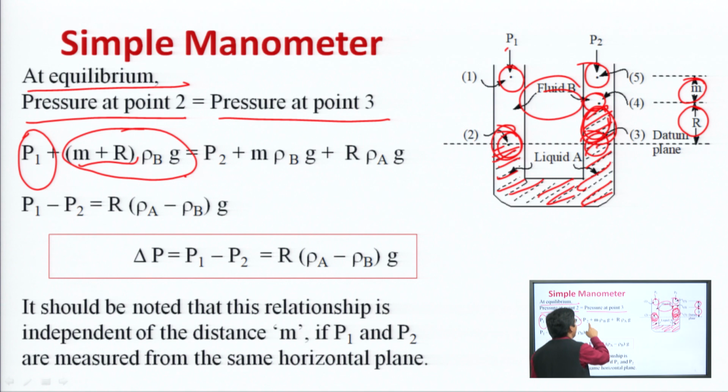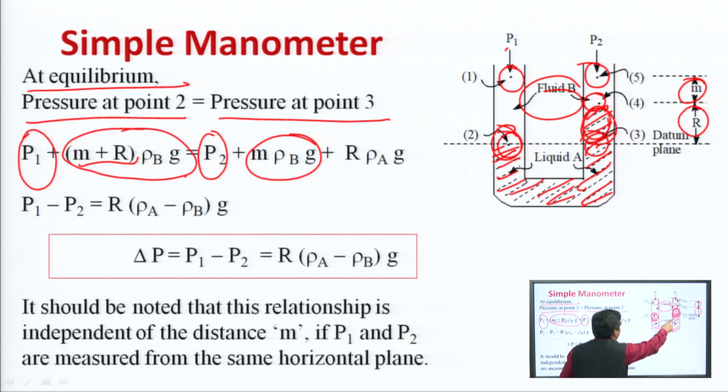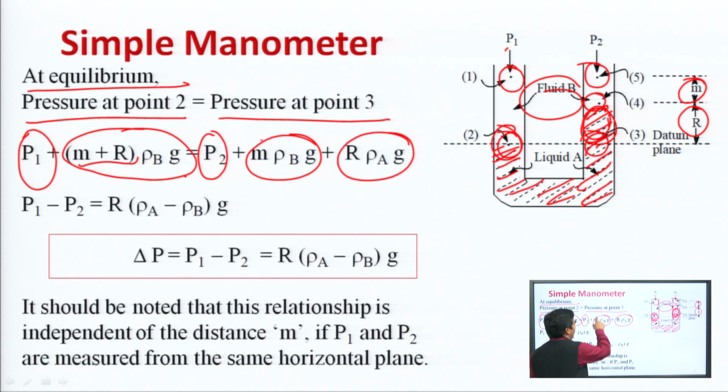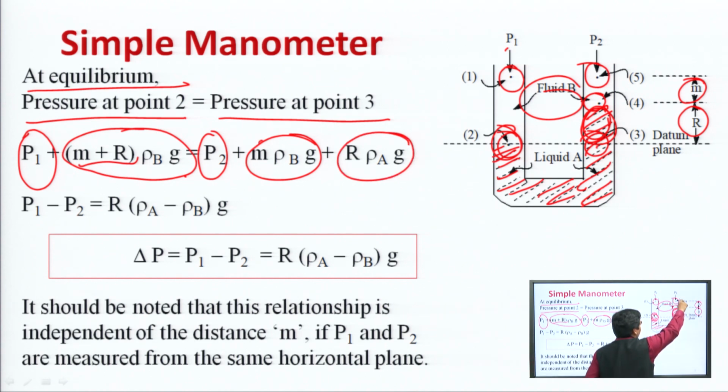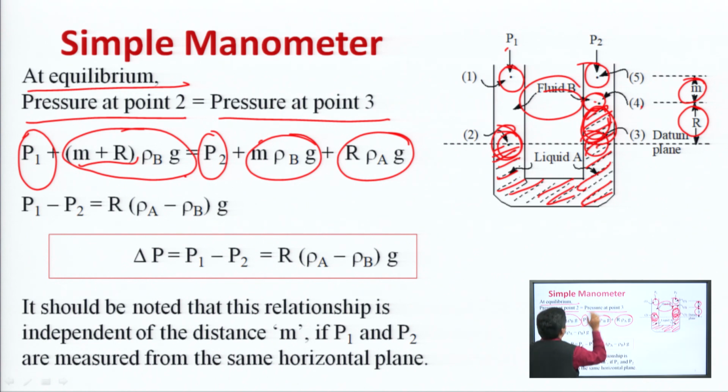The pressure at point 5 is P2, the pressure exerted by fluid B at point 4 is m rho B g, and the pressure exerted by liquid A at point 3 is r rho A g, where m is the height of fluid B between point 4 and point 5, and r is the height of liquid between point 3 and point 4. Now, at equilibrium the pressure at point 2 is equal to the pressure at point 3.